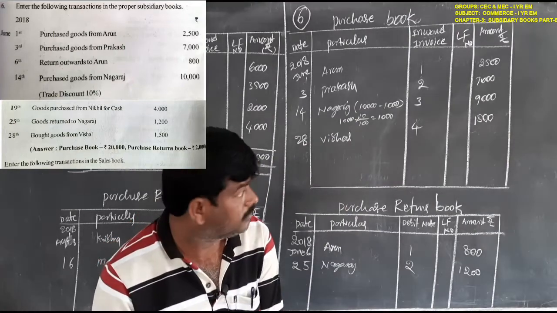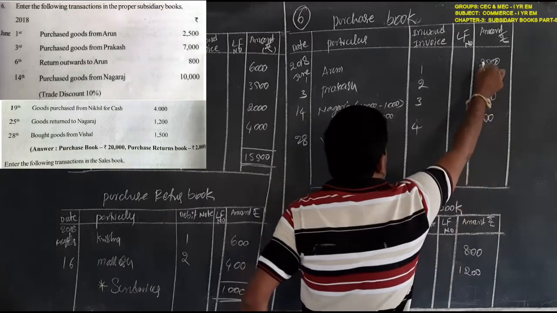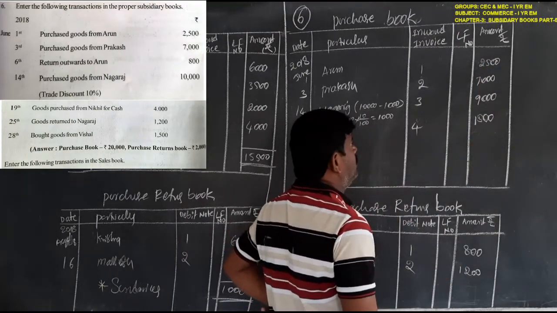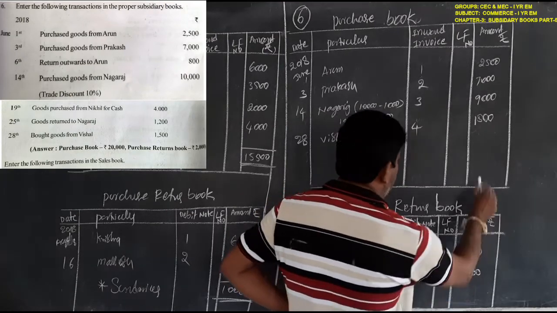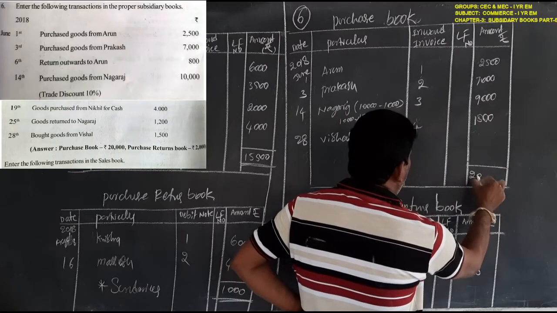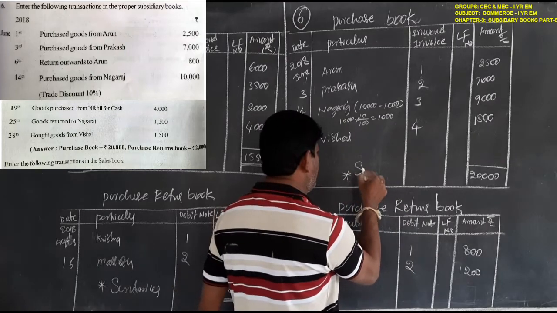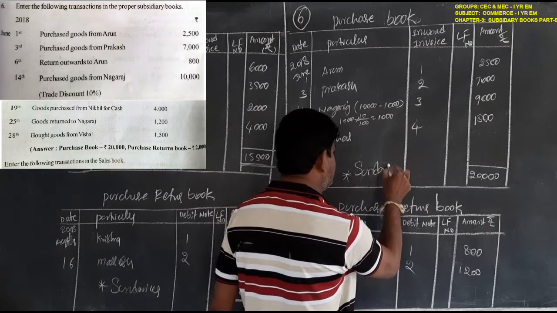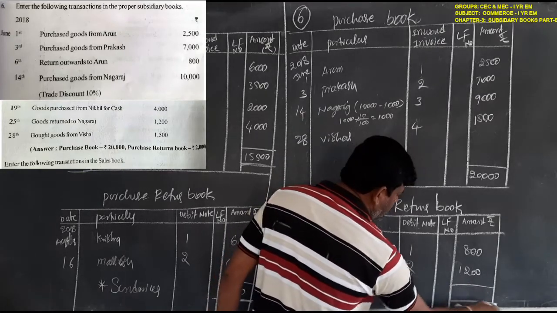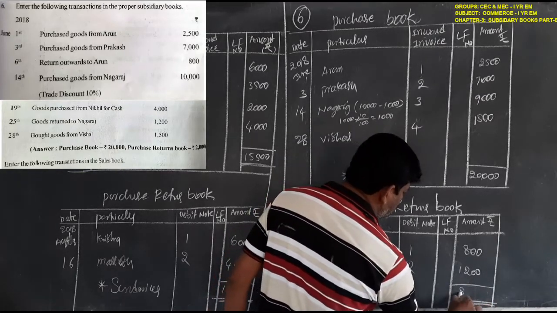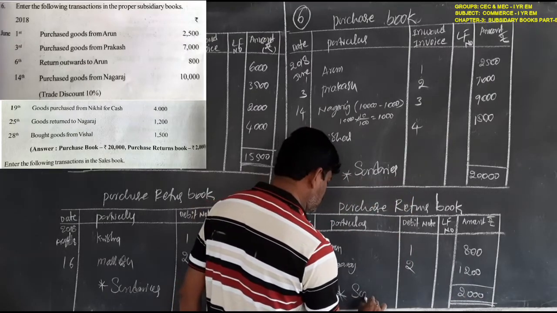Total them. 15 plus 25, 4,000, 4,000 plus 7, 11,000, 11,000 plus 9,000, 20,000 rupees is total purchases. So you have to write sundries or total. Here also 12 plus 8, 2,000 rupees sundries.